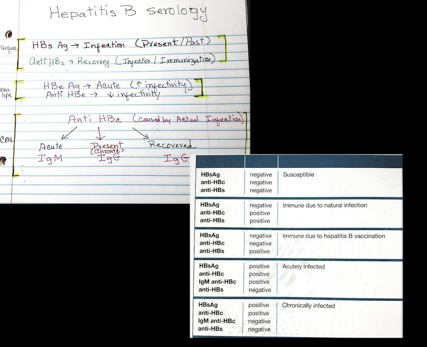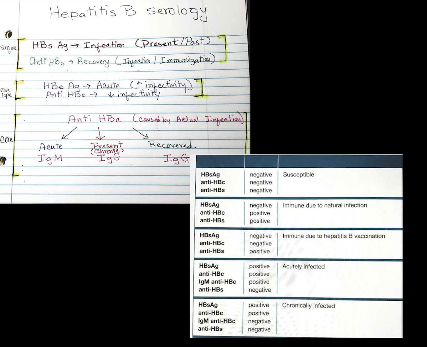So we matched in the last two positives, recovery and recovery here. Antibody IgG, where it is recovered, and surface is recovered. So we have a recovery. Can we tell, is it recovery from immunization or actual infection? It is from actual infection. How do we know? Because core antibody always happens with actual infection.